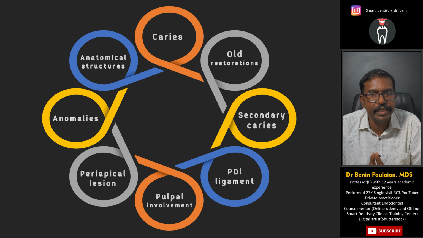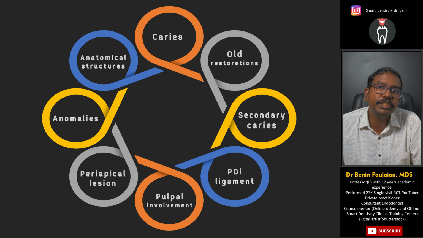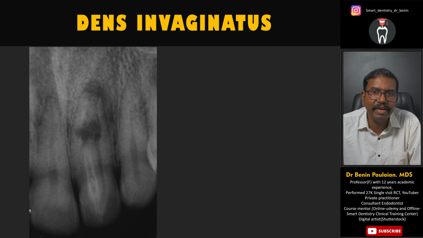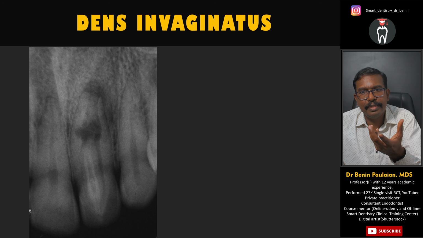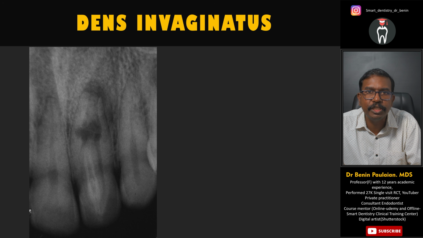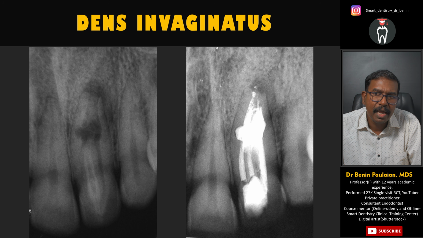which we have to be very careful about in differentiating. And coming to the anomalies, actually the anomalies are much more than what you think. So dense invaginatus, you can see in this, clinically it might appear like a very normal tooth, but if you take a radiograph, you can see that this is a dense invaginatus and had undergone treatment.